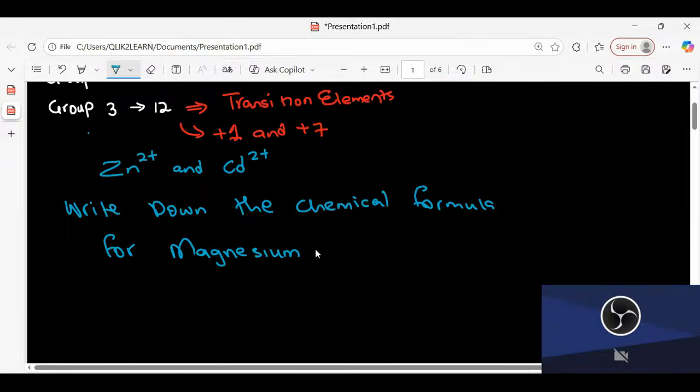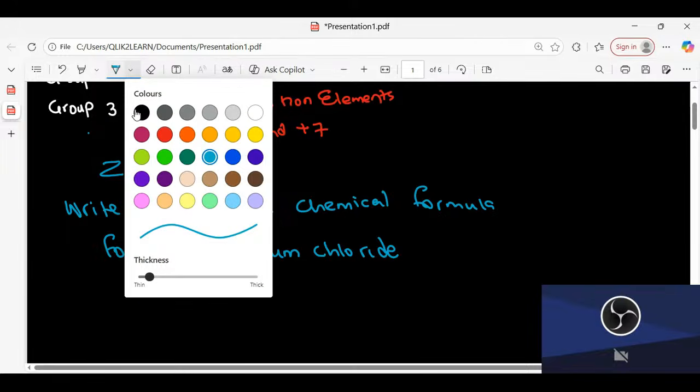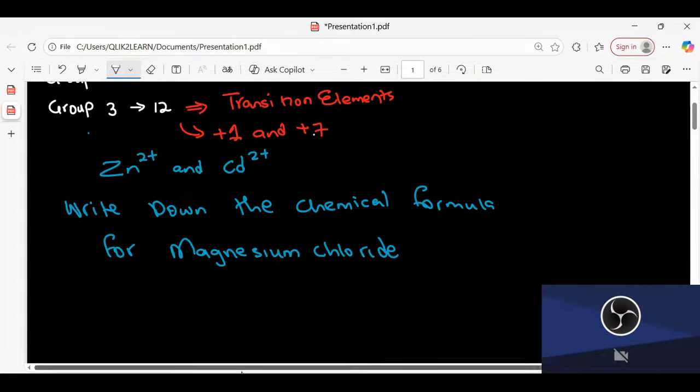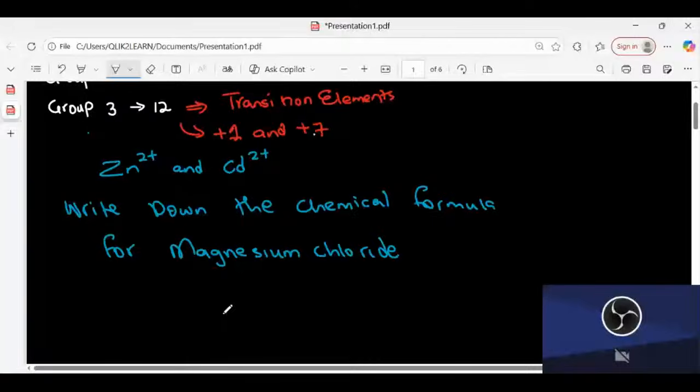I know someone is already writing it down. I know that we didn't discuss too much detail so far, but let's try this one example so that you guys can understand what is going on. For the magnesium, you will know that magnesium is Mg.